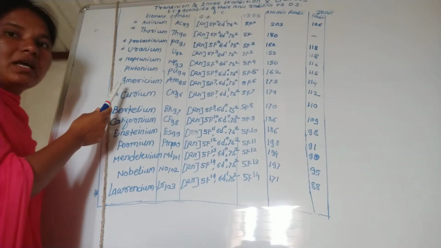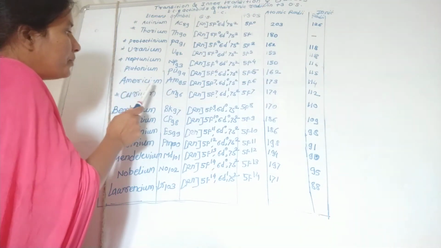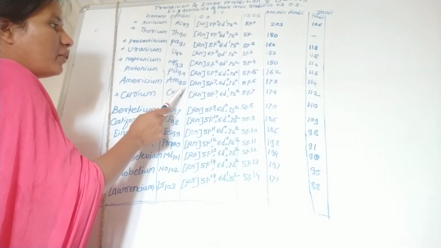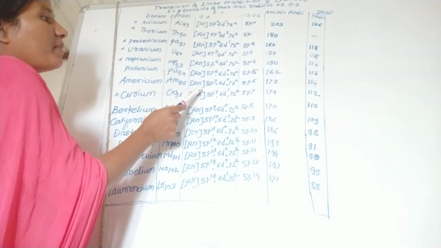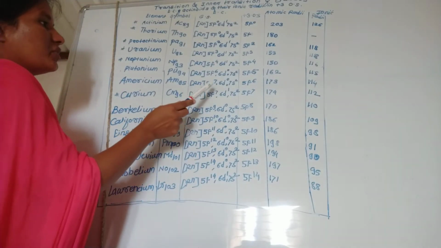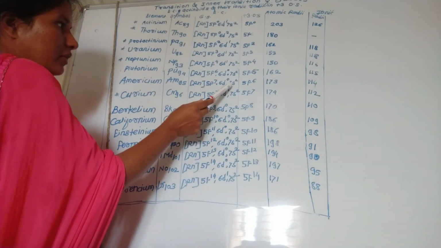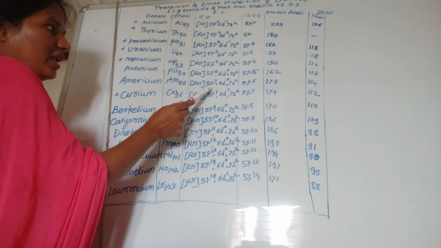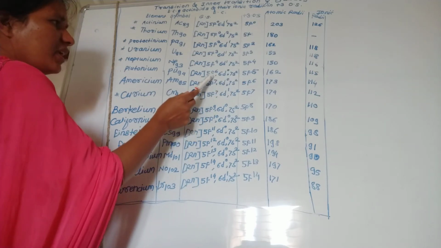Next element is americium. Americium symbol is Am. Atomic number 95. With respect to radon, it is total 9 electrons there. So 2 electrons in s orbital and 6 electrons in f.